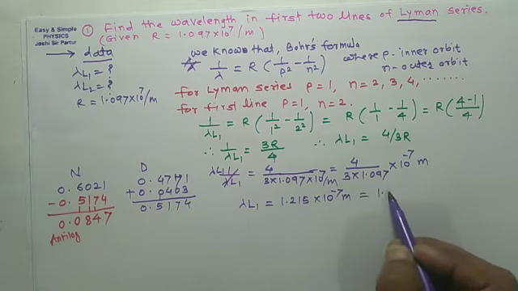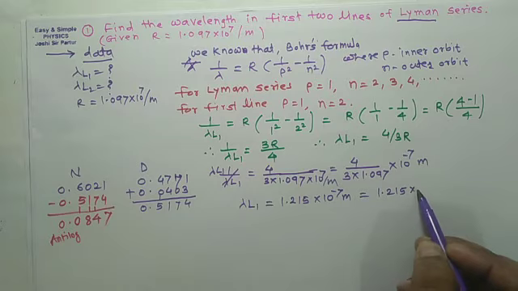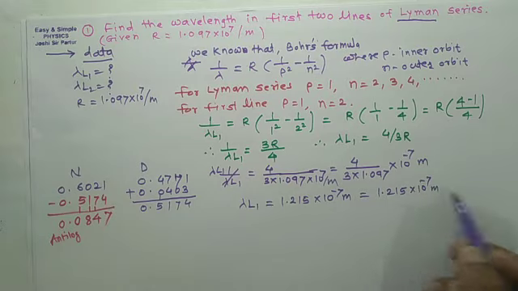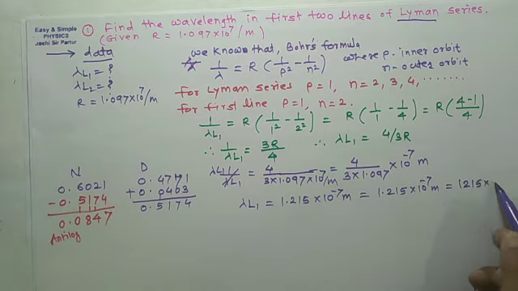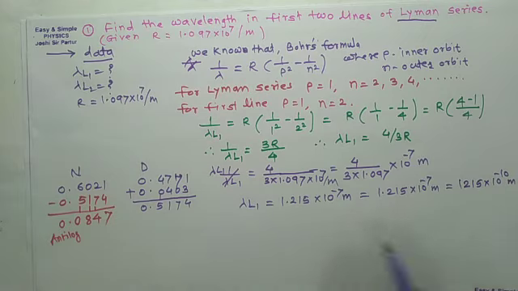That is 1.215 into 10 raised to minus 7 meter, or 1215 into 10 raised to minus 10 meter, or we can write it as 1215 angstrom unit.